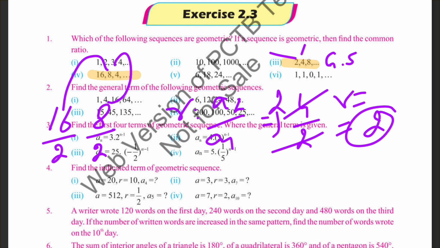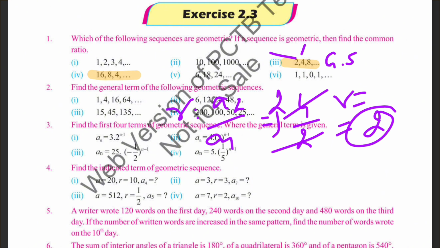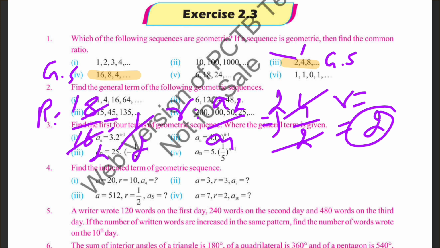It means this is a geometric sequence, and the common ratio: the second term is 8 and the first term is 16. Now simplify, 8 over 16, that is 1 over 2. It is the common ratio obtained.